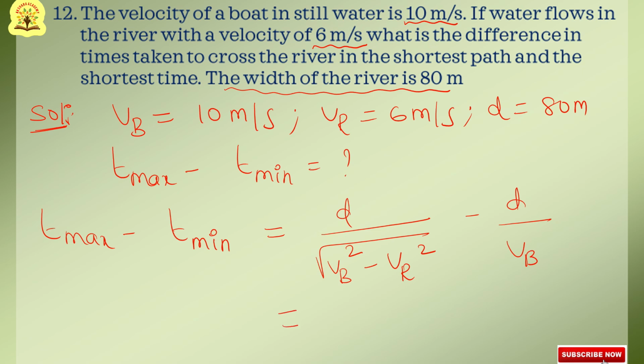Now substituting the values, D is 80, Vb is 10, Vr is 6. So T maximum minus T minimum is equal to 80 by root of 10 square, nothing but 100, minus 6 square, 36, minus 80 by 10.